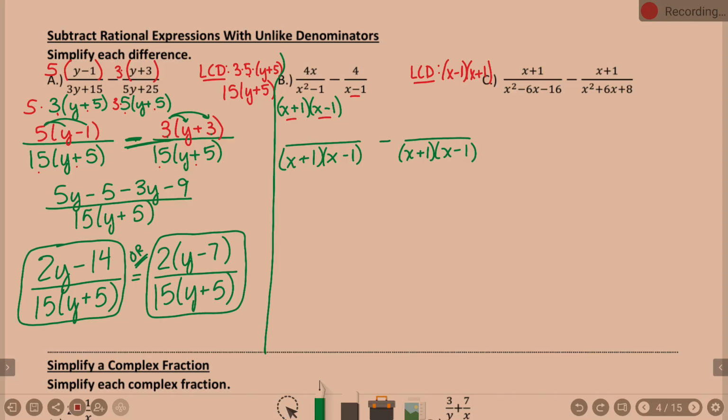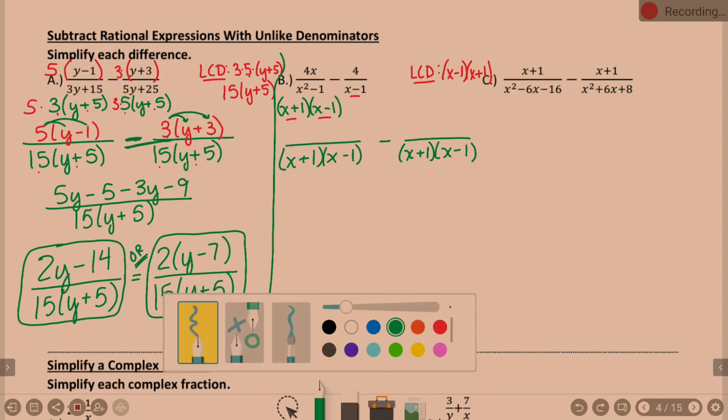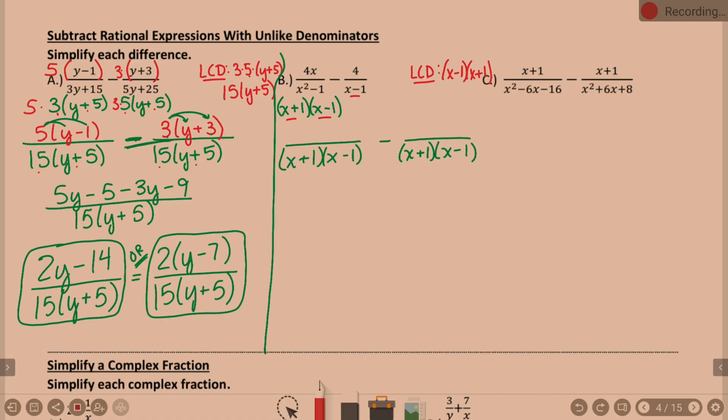Nothing? X plus 1 is there. X minus 1 is there. So all that needs to happen is the 4x needs to come down. Second fraction, what's missing? X minus 1 is there, so we're missing x plus 1. What we do on bottom, we do on top. So this is going to be 4 times x plus 1.